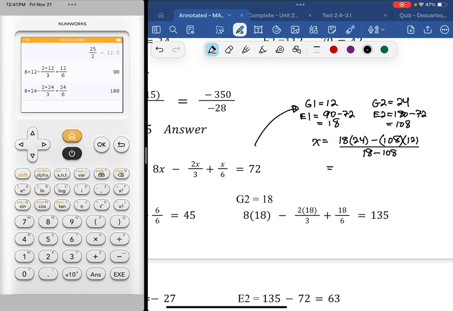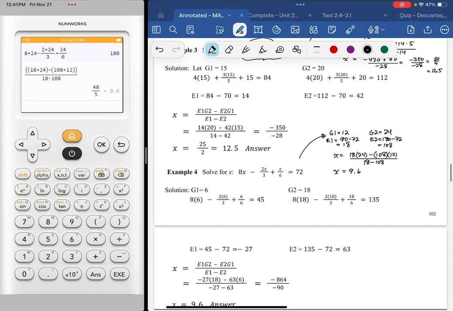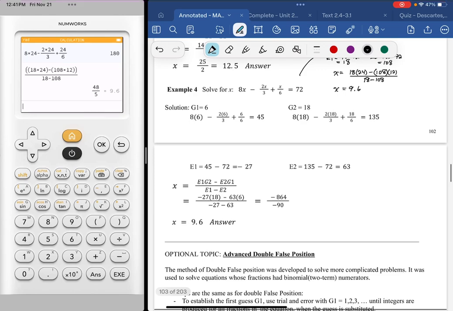I'll just crunch that all in one shot. 18 times 24 minus 108 times 12 divided, oops, not dividing enough, so let me close parentheses, then divide. 18 minus 108, and I get 9.6, which happens to be the correct answer. All right, and that would be the solution to that equation.